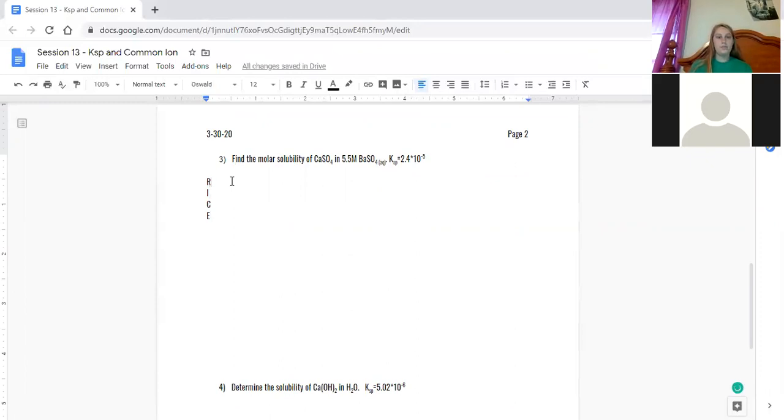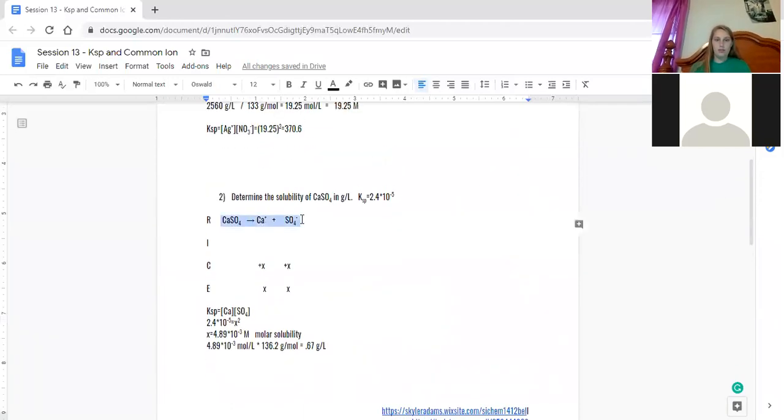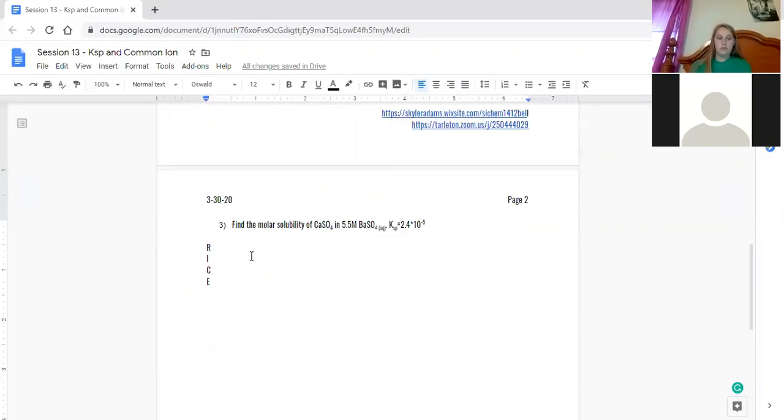Our reaction here is going to be the same as before, so I'm just going to copy and paste that so we don't have to type it again. So we have our same reaction, but the difference is we have it in this. Oops, we don't need the 4.